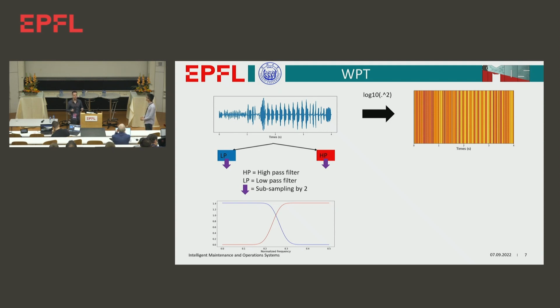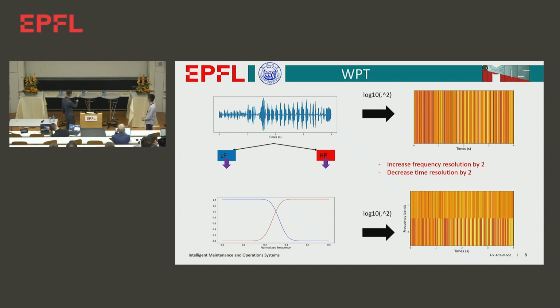And so it will provide two outputs. And I can show the energy distribution over time of these outputs. And here we have increased the frequency resolution by 2. We have the highest frequency and the lowest frequency information. However, due to the subsampling operation, we have divided the time resolution by 2.